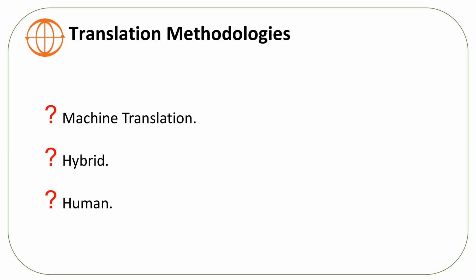Let's consider hybrid translations. Hybrid translations are first translated by machines and then checked by a qualified translator. The advantages of hybrid translations. They are less expensive than pure human translations. Errors, awkward phrasing, and incorrect contextual interpretation are removed.